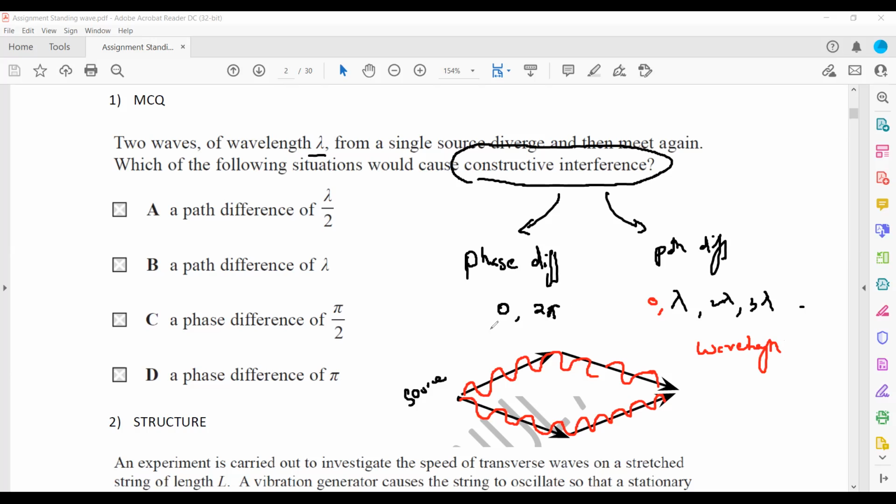And what is the meaning of phase difference? It means the difference in terms of angle. So when the two waves combine here, they should either cover the same distance, or one wave travels one wavelength extra, or two or three wavelengths extra. Because when they travel one wavelength extra, they will have the same phase when they combine at that point. As a result, this will give rise to constructive interference. So the path difference will be equal to lambda.